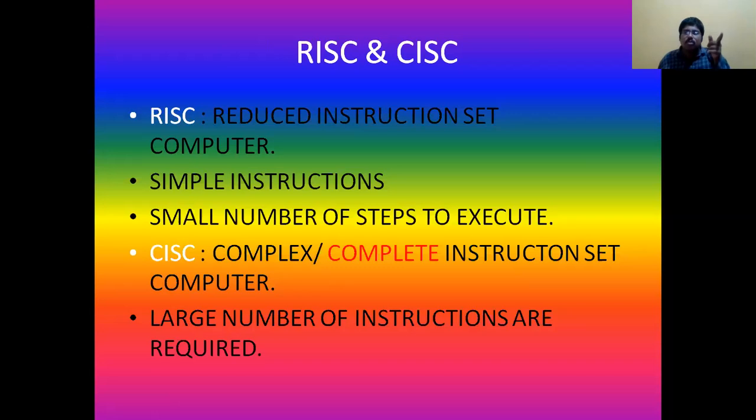But if you develop the same program using the RISC instruction set, it may take 15 or 17, sometimes even 20 instructions. Though the instructions are very simple, the disadvantage of RISC compared to CISC is that it takes many more instructions for developing the same program. That is the major drawback.